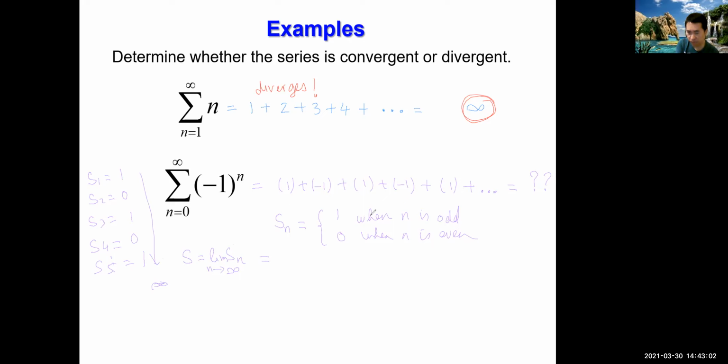If you look at the example here, 3n plus 1 over 5n minus 2. In order to determine whether it converges or diverges, one way to do it is to look at the limit of this general term.